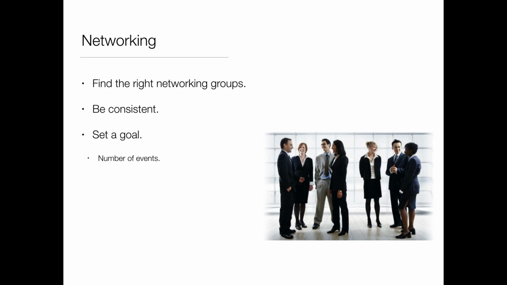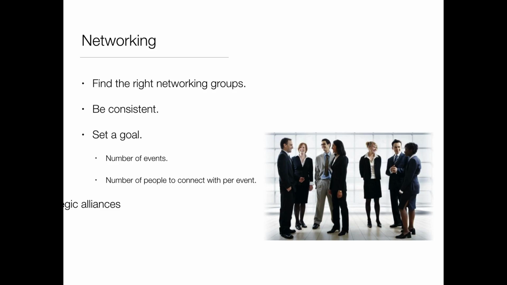So what you want to do when you're going to a networking function, the first thing you want to do is set a goal. So I'm just going to give you an example for me of what a goal might be. So we just talked about the number of events. Set a goal would also be how many potential strategic alliances do I want to find at a particular event.